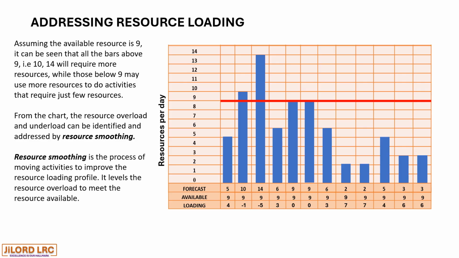So resource smoothing is a process of moving activities to improve the resource loading profile. It levels the resource overload to meet the resource available. So we shall look at how this can be done in subsequent lessons.